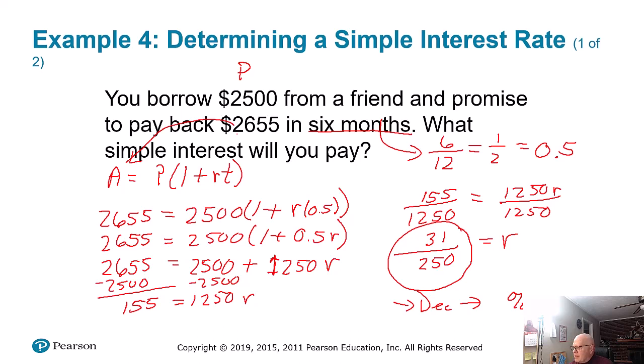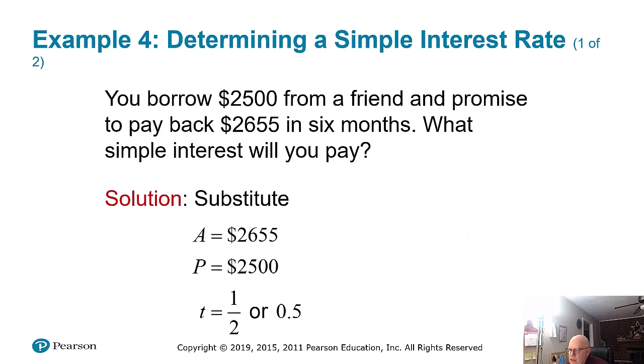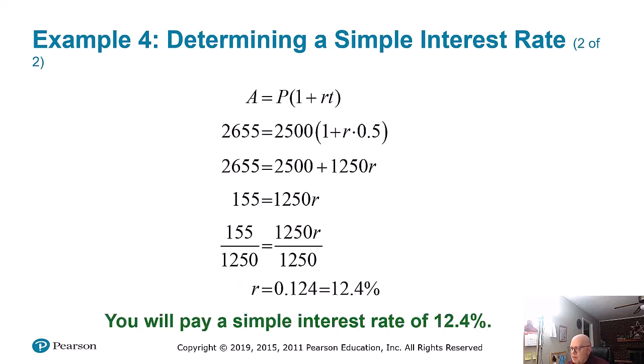So let's continue and see what the result is when we put in the calculator and change it to a percent. So here are the numbers. You've got the amount that you're going to pay back. The future value of that loan is $26.55 to your friend. This is how much they loaned you. You get 1/2 a year because it has to be in years.